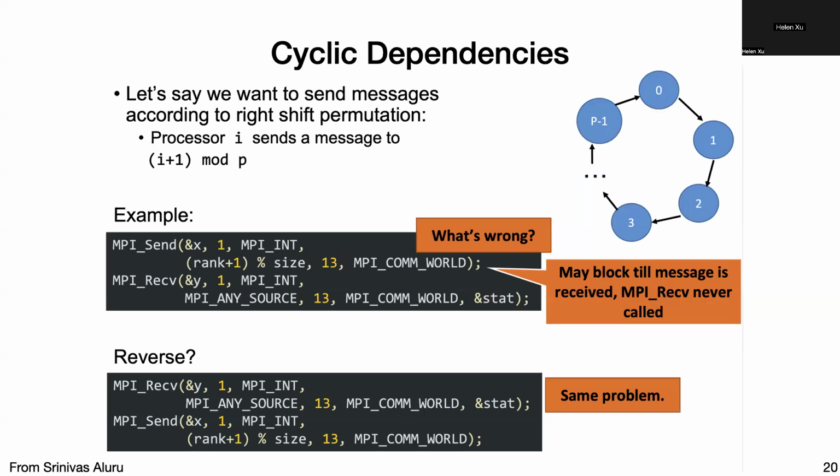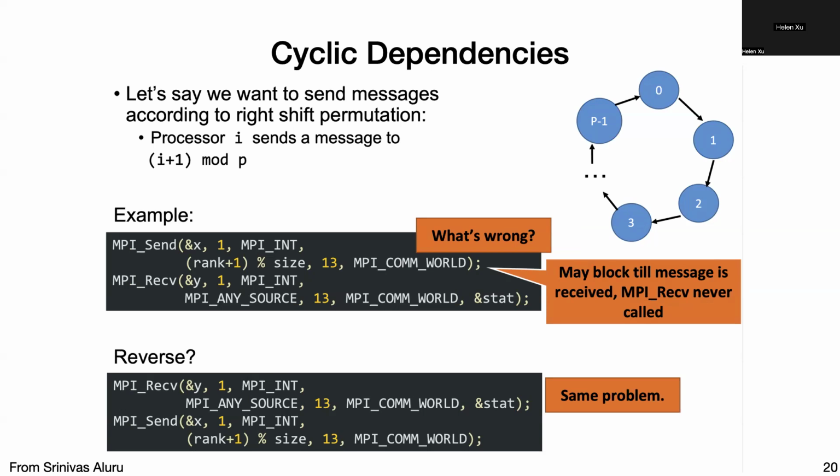Okay, and finally, I talked about how in some cases you may not solve some issues by just reversing send and receive. One situation is if you have cyclic dependencies like this: processor zero is trying to send to one, one is trying to send to two, and so on, P minus one is trying to send to zero, all the way like that. That is a common thing that we want to do, for example, if you want to implement all-to-all with arbitrary permutation.